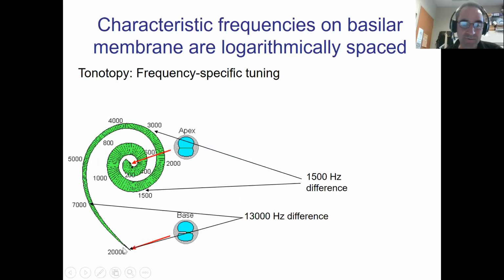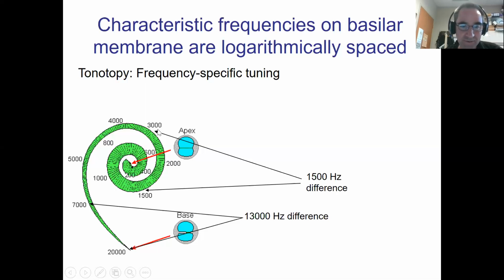And we would see that the basal part would get labeled with high frequencies, and the apical part would get labeled with low frequencies. The other thing we would see is that the frequencies change more rapidly near the base than they do at the apex. So from this spot to that spot is a 13,000 hertz difference, right?